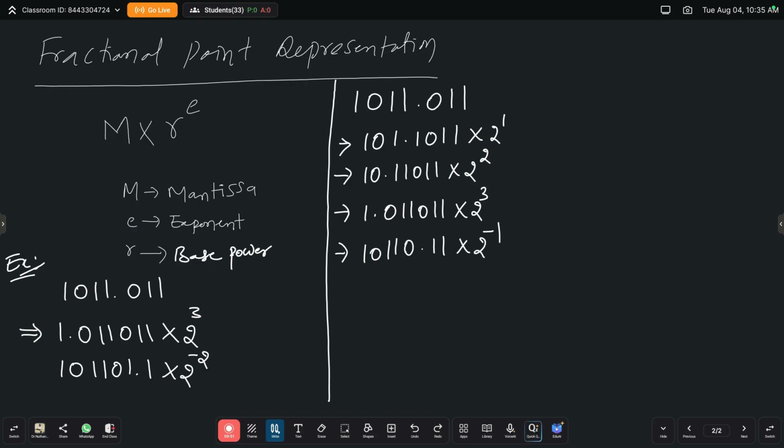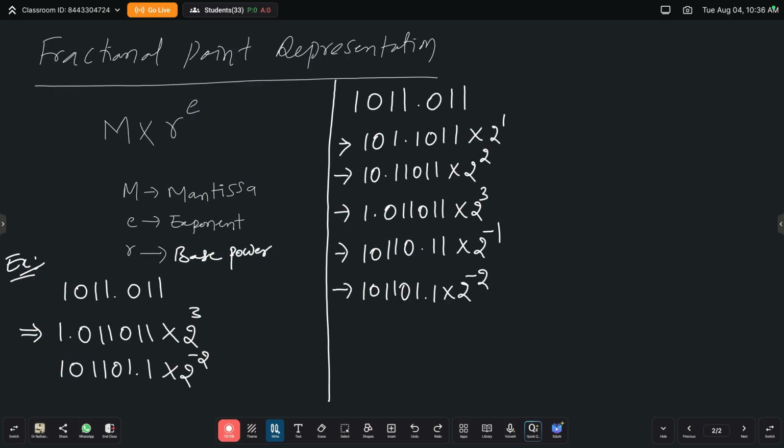All these are possibilities. Yes or no? As per the scientific notation. Correct? 101101.1 into 2 power minus 2. Then all are correct. Yes or no?